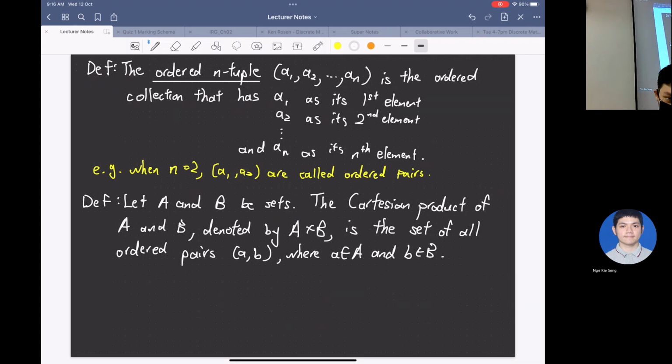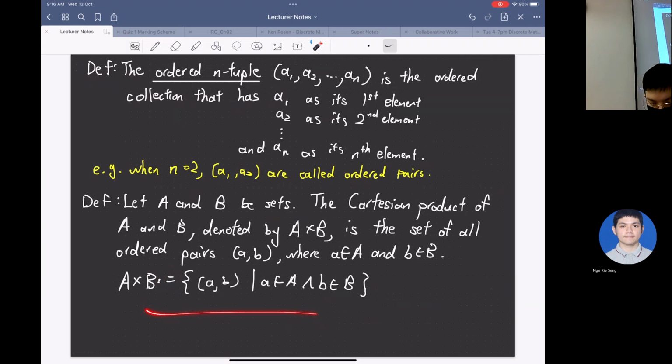Okay. So in formula form, we will write A cross B := {(a, b) such that a is in A and b is in B}. You notice that I wrote the colon and then the equal sign here. It's because I'm defining this as the set here. If I wrote just equal here, there's something to show.